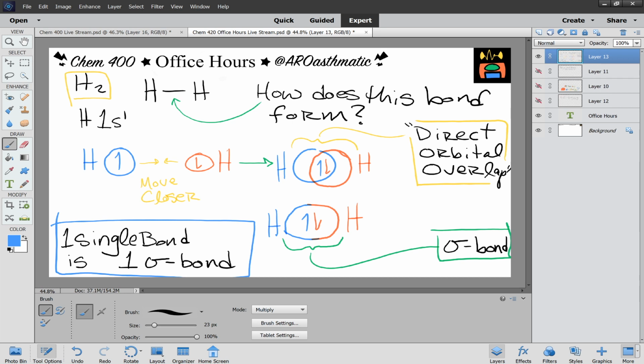Yep. And pi bonds come from p orbitals, which is why they're named pi. Totally.